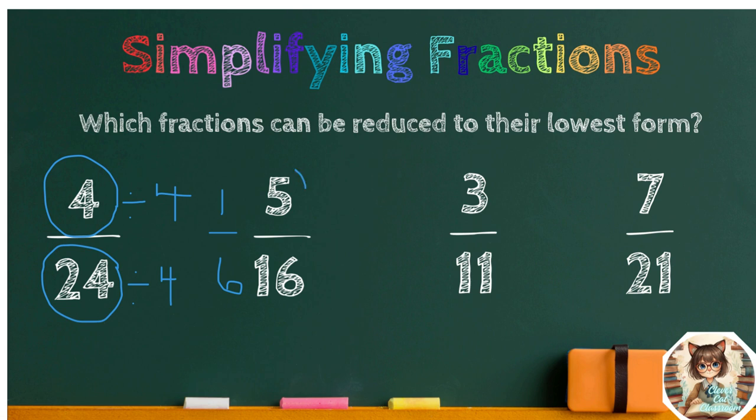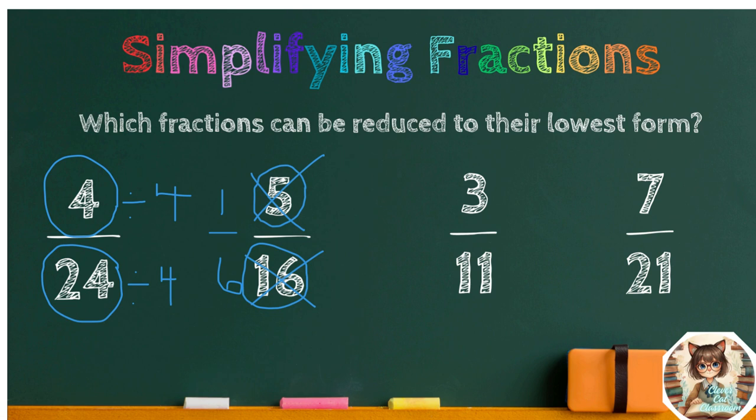Okay, let's look at this one. We've got 5. Remember, we look at the numerator and we look at the denominator and we've got 16. Is there a number that both 5 and 16 can be divided by? The answer is no. So that means this is already reduced to its lowest form.